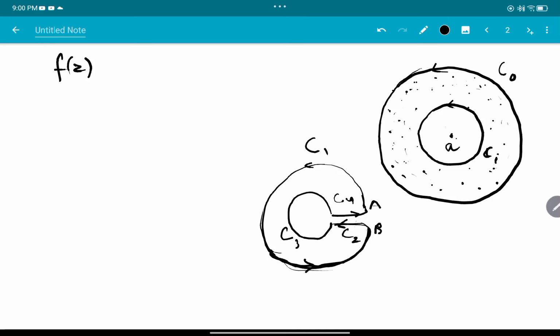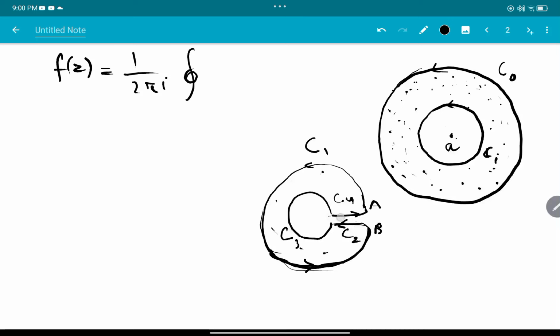Now I can apply this Cauchy's integral formula to f(z) in this region. According to Cauchy integral formula, f(z) will be equal to 1 by 2 pi i times the loop integral.